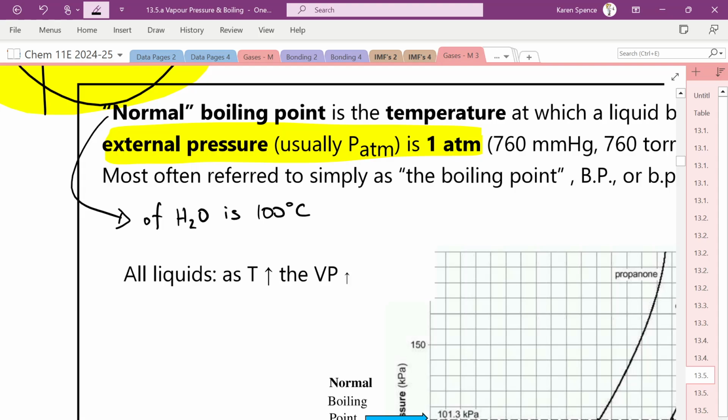And boiling occurs when the vapor pressure is equal to the atmospheric pressure.